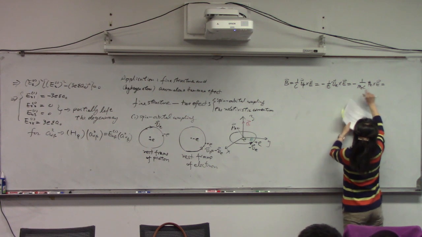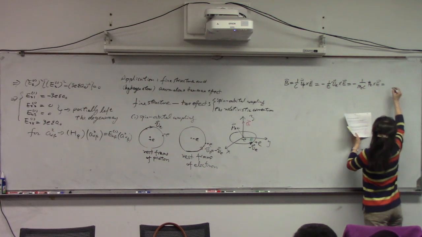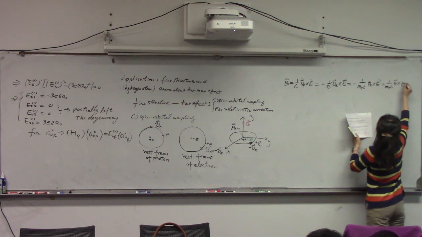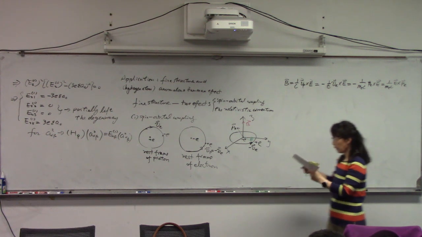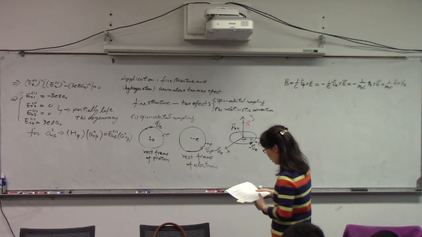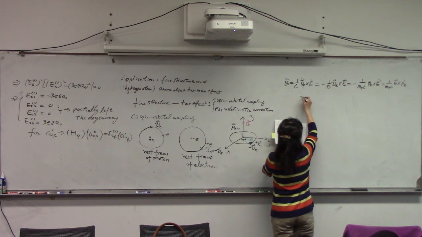Or if I switch the position, the negative sign disappears, right? So that is 1 over m_e c, E cross p. This is classical. And after this, we are going to convert to quantum mechanics.